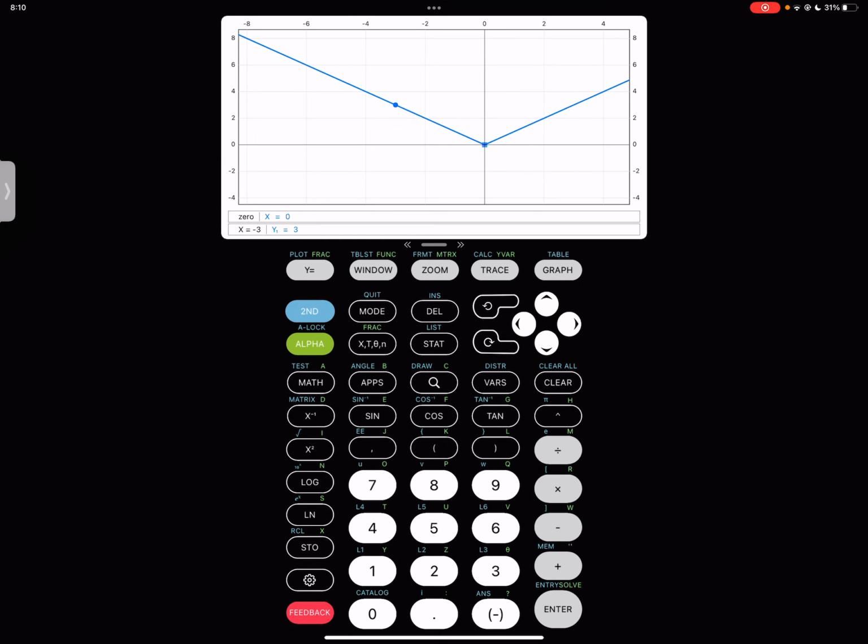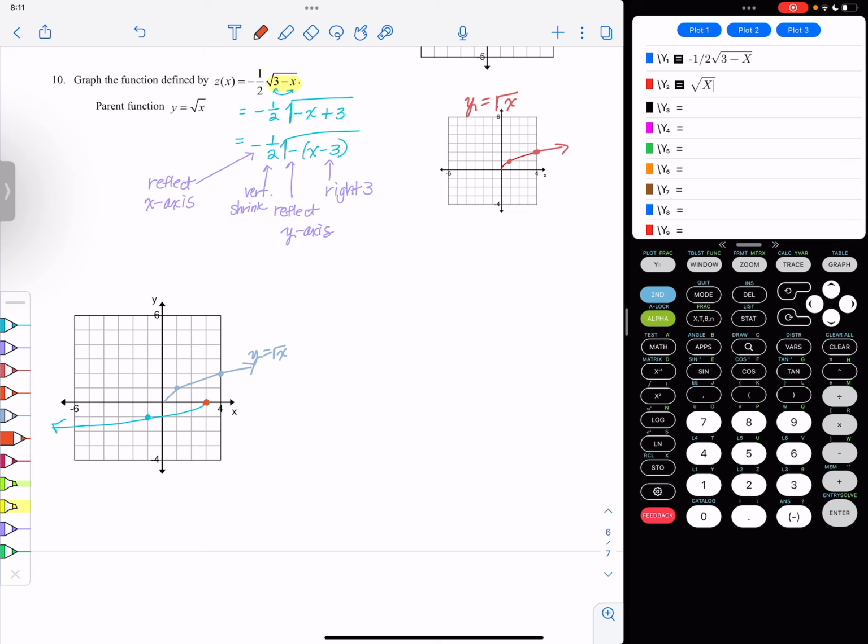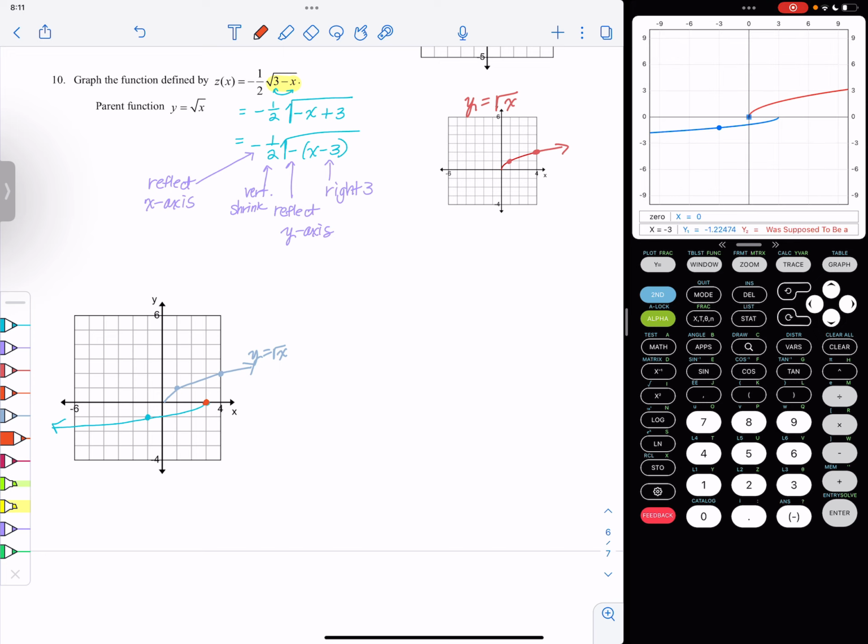And then we have, oops, I should have put the parent function in there. And so the blue function will be our new function, and then the red function will be our original root function, so you can see the graphs there. And our window was a little bit moved that way, I guess. And then you can just move these points around. Okay, well that concludes this section.